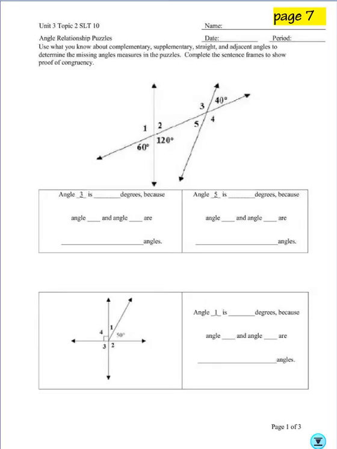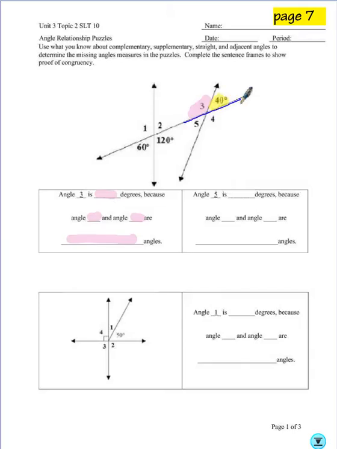So look at the first question here. It says angle 3 is blank degrees because angle blank and angle blank are blank. We're going to figure out all those. I'm looking at angle 3 right now in the picture. It's right here. And I noticed the 40 degree angle right next to it. If you look at them together, they're forming a straight line.